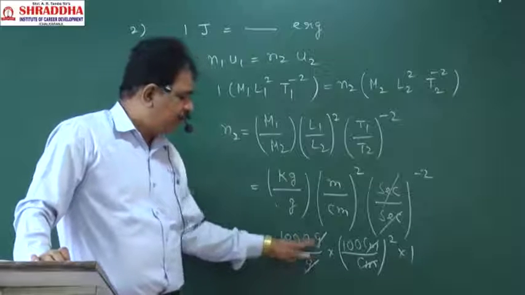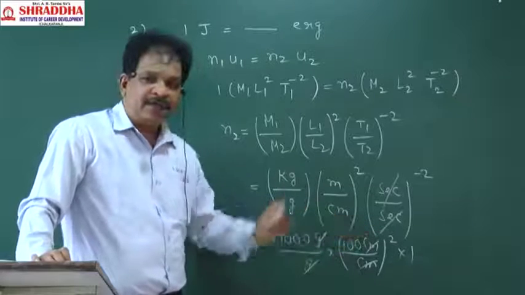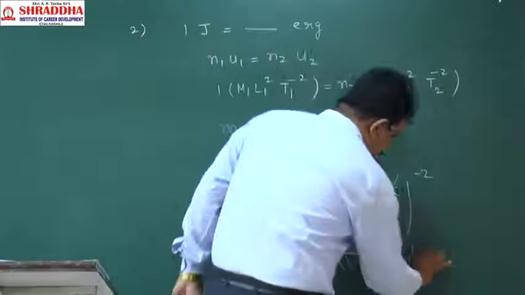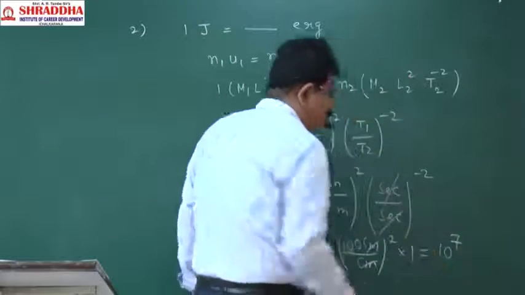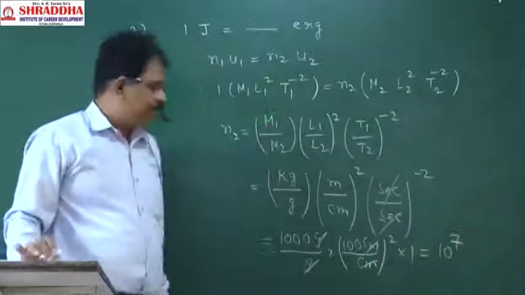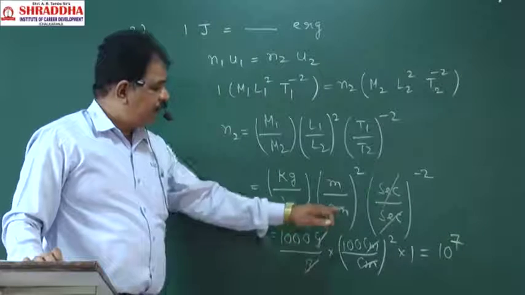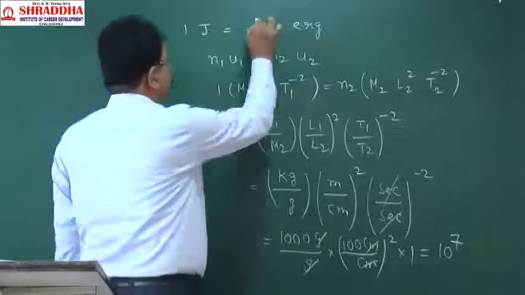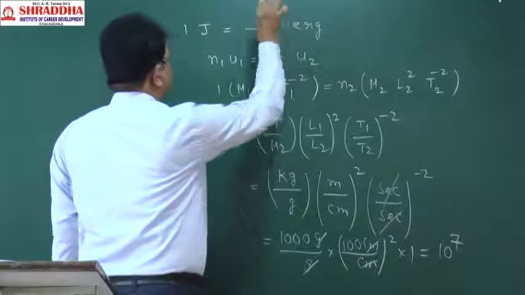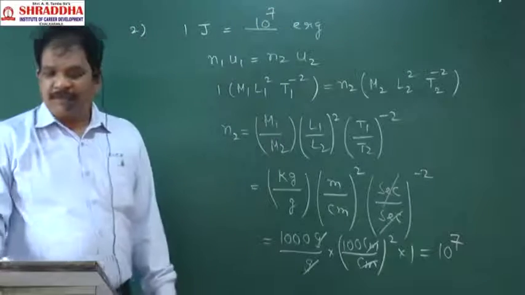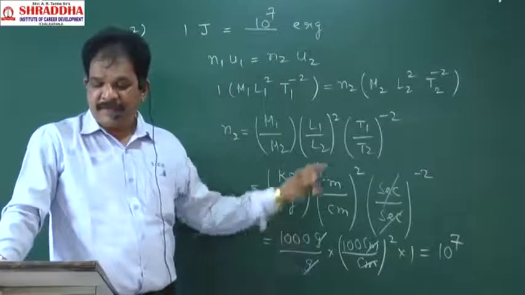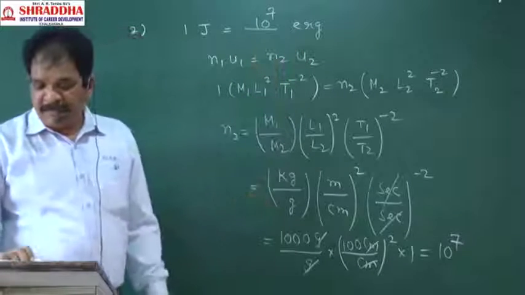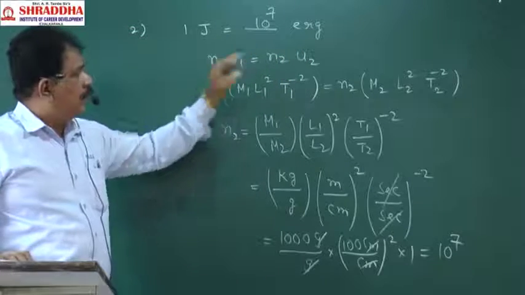Here 10 cube is there. 100 square means 10 power 4. Totally this value will be 10 power 7. 1000 into 10 power 4, that value will be 10 power 7. 1 joule is equal to 10 power 7 erg. That is the relation between joule and erg.